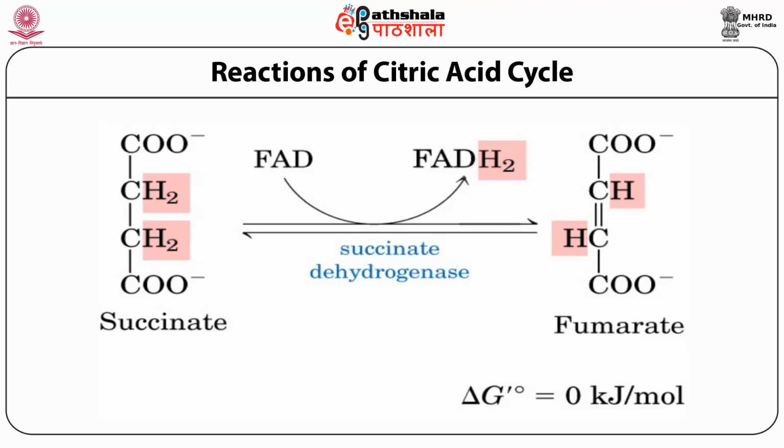The enzyme succinate dehydrogenase carries out oxidation of succinate to fumarate. This is the only citric acid cycle enzyme that is tightly bound to the inner mitochondrial membrane. It is an FAD-dependent enzyme.